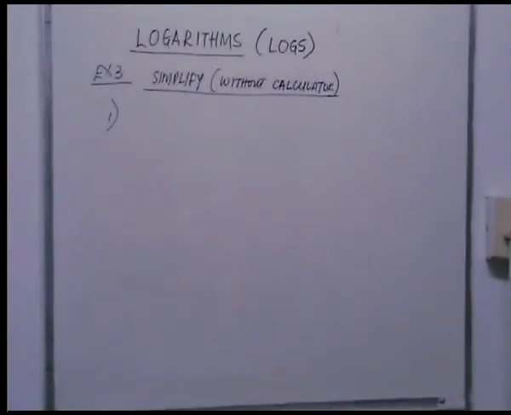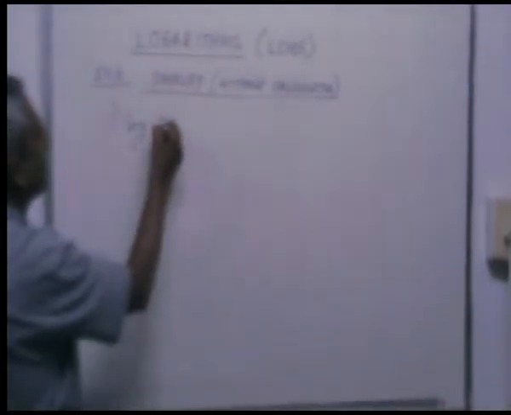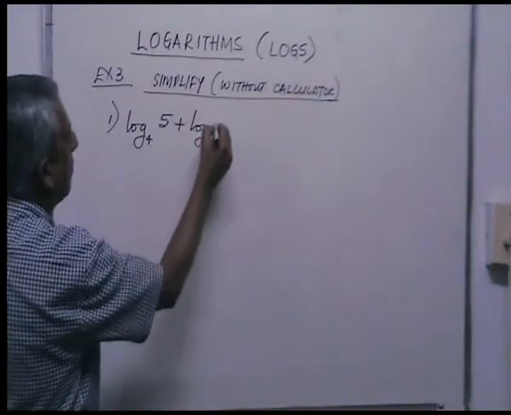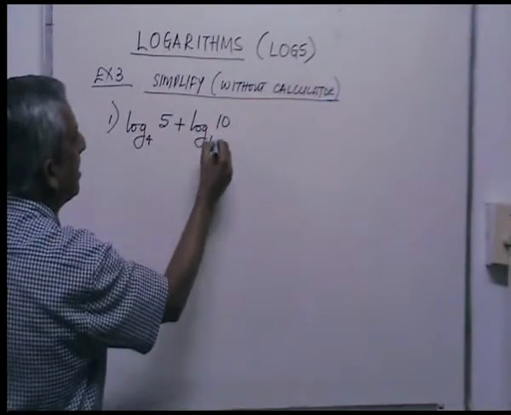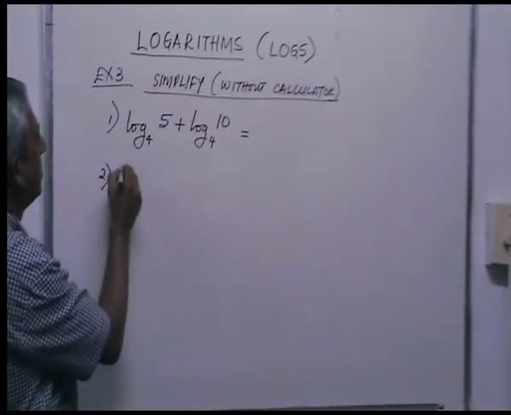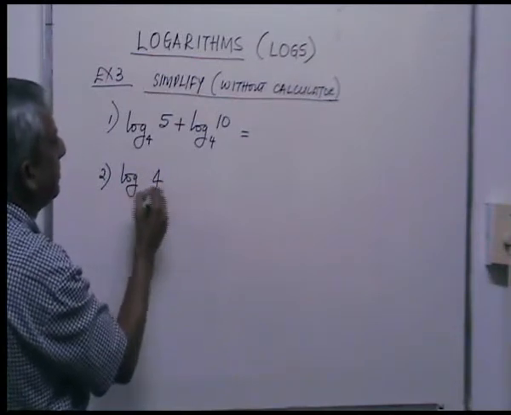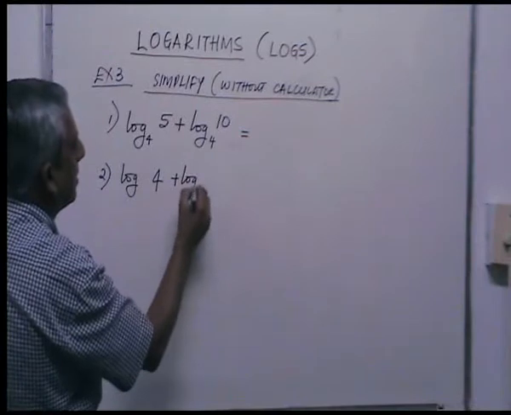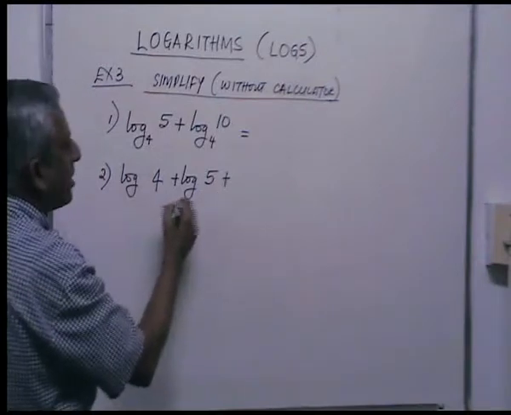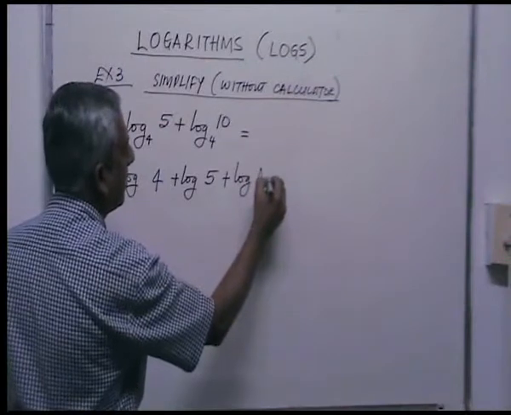Alright, so here we are, exercise 3. Let's say number 1, I give you the log of 5 to the base 4 plus log of 10 to the base 4. I want you to simplify this. Number 2, the log of 4 plus the log of 5 plus the log of 40.